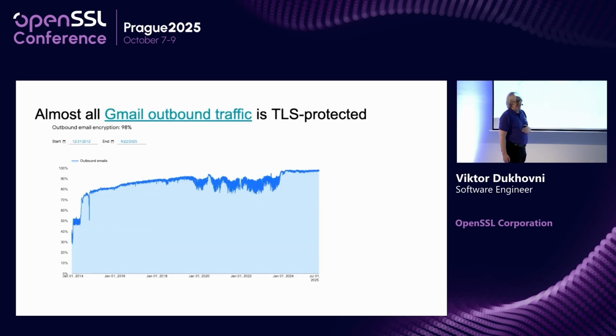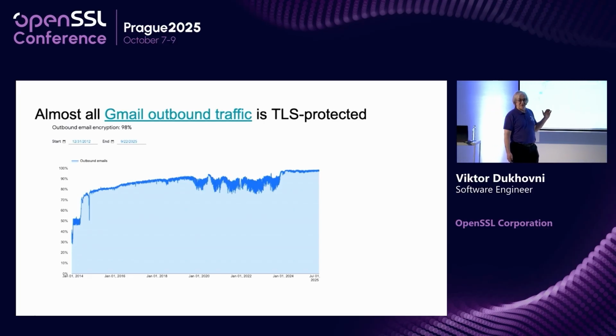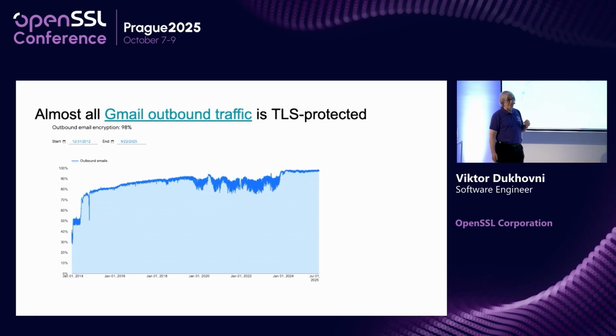Okay, so even though we think of email as mostly an insecure delivery protocol, if we actually look at the statistics of how much TLS happens in email, Gmail publishes a transparency report. There's a link to it up there. And in the Gmail transparency report, you see that roughly at the time of the Snowden report back here in 2013, 2014, about 30% of the email traffic was using TLS.